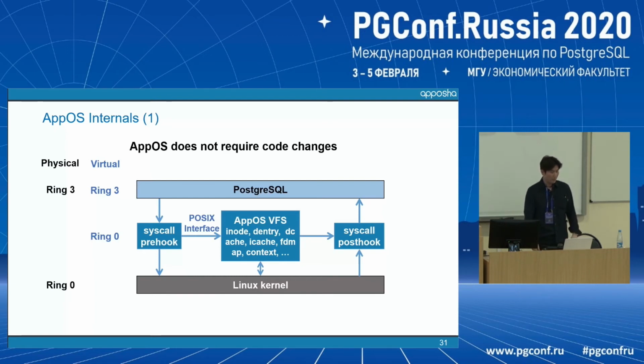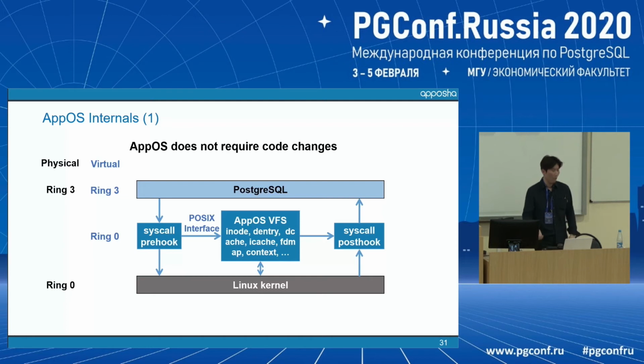And the last part is that we need to distinguish which layer the PostgreSQL process currently resides in. So we added a kind of virtual ring, similar to the user level to OS switch. An application runs on ring 3, right?